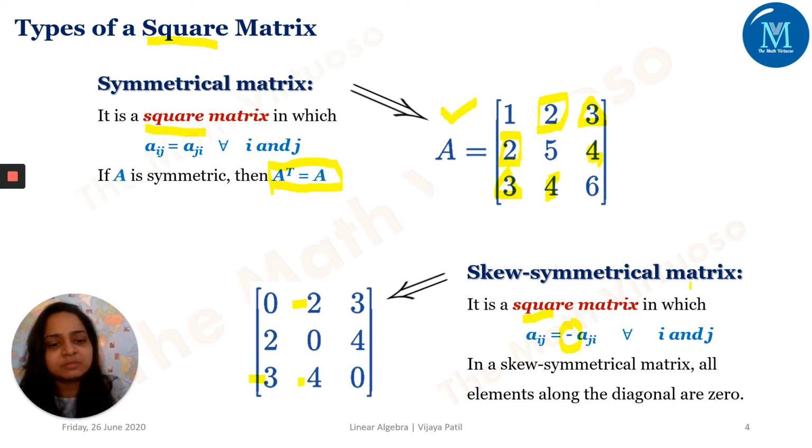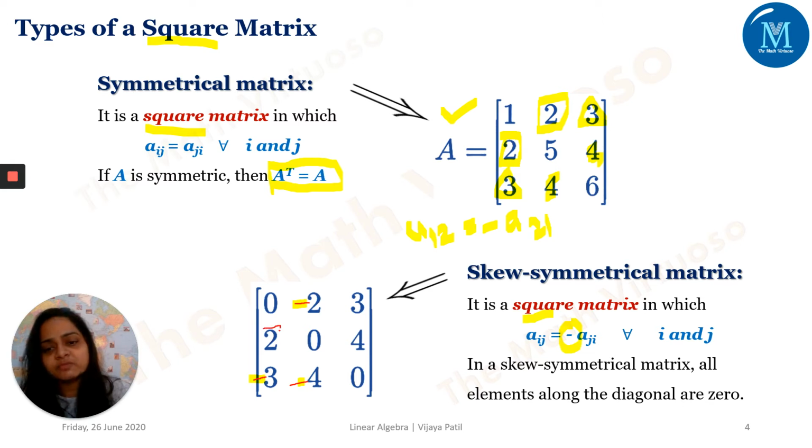Skew symmetrical matrix means Aij is equal to minus Aji. For example, I have A12 equal to minus A21. So please consider this as -2 here, this as -3 here, and this as -4 over here.